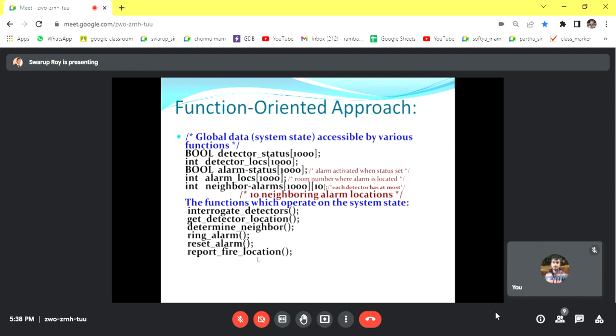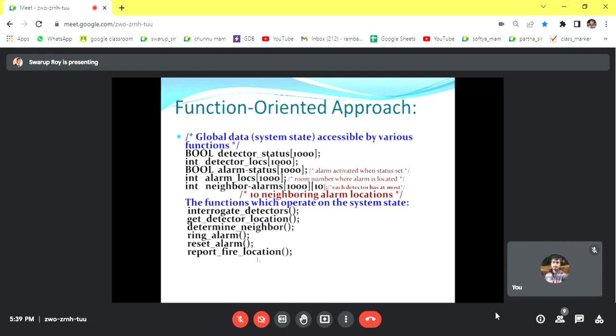Then another one, detector location. You can have the different locations by looking into that. From detector status you can also do this, but you can have separate locations because there are 80 floors.